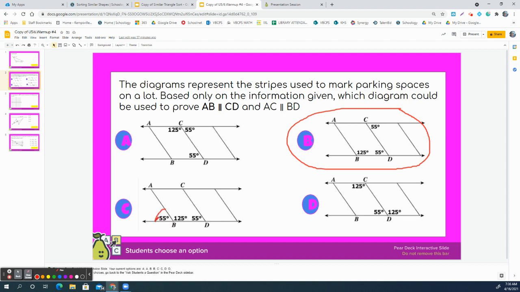So C is definitely tempting because of those corresponding angles, right? So those corresponding angles prove A and C parallel for sure. What it proves is AC and AB parallel. AB is parallel to CD, right? These guys are parallel.